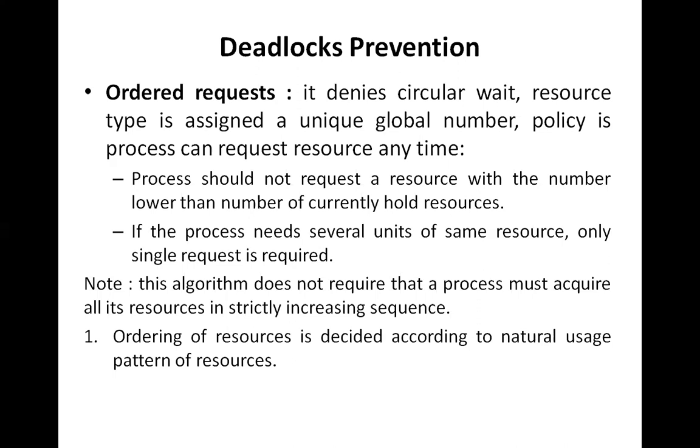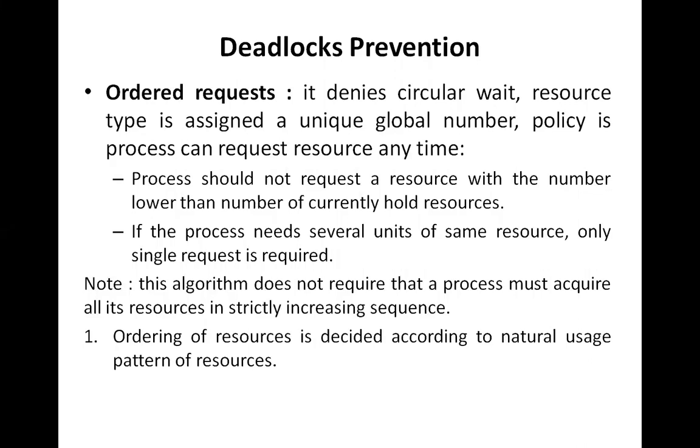Now, how to do the ordering of the resources? It is decided according to the natural usage pattern of the resources. If you take an example of two kinds of resources, suppose the tape drive and the printer, the natural ordering will be that the tape drive is required first, then the printer. So of course, the number of the tape drive will be smaller than the number of the printer.